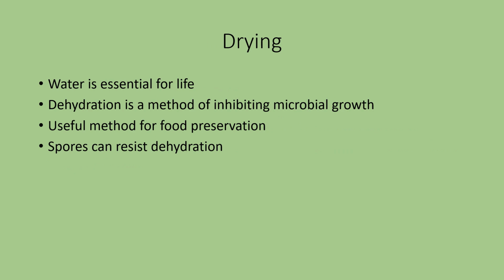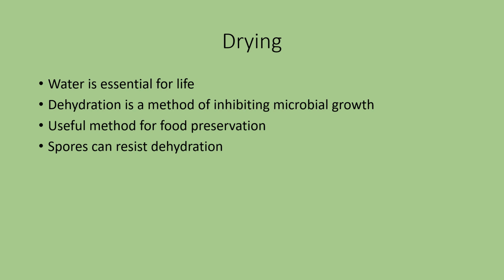Drying is just another example of a physical agent that can be used to inhibit the growth of microorganisms, because water is essential for all life, certainly as we know it. So if you dehydrate samples, this is often used like for food. If you dehydrate it, remove the water from it, that's going to prevent contamination from occurring.